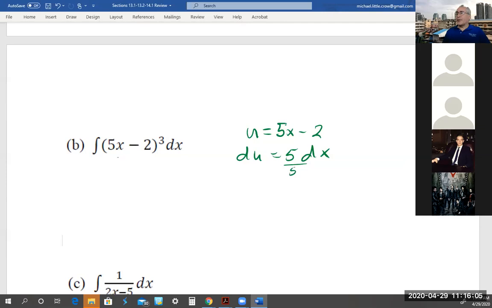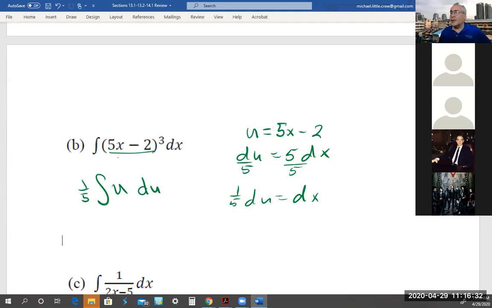We divide both sides by 5, so we get dx equals 1/5 du. Make the substitutions. This becomes u. dx becomes 1/5 du. So just like before, I put the 1/5 out front just so I don't have to deal with it.